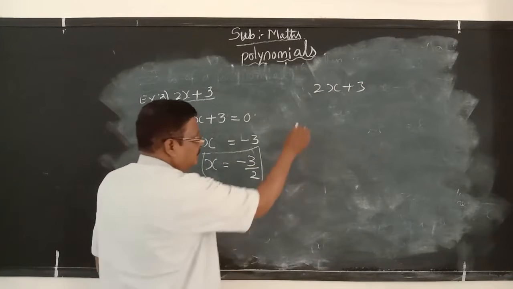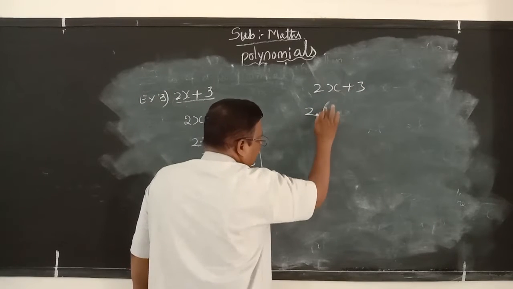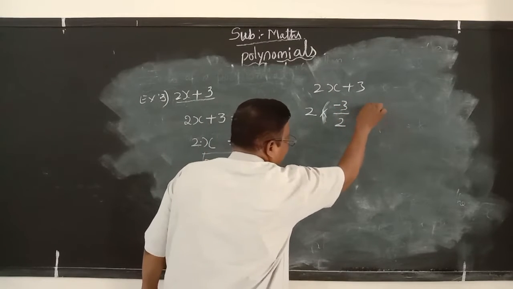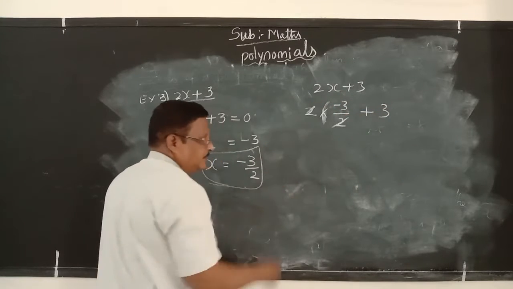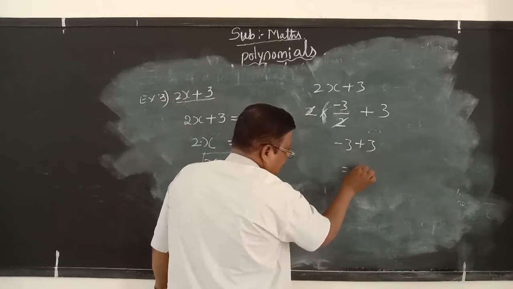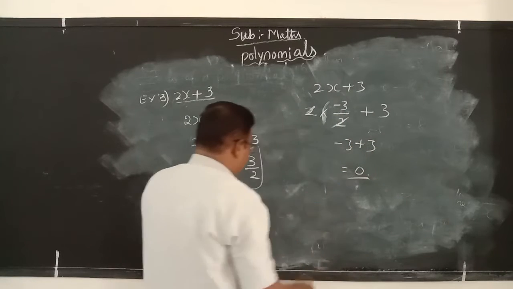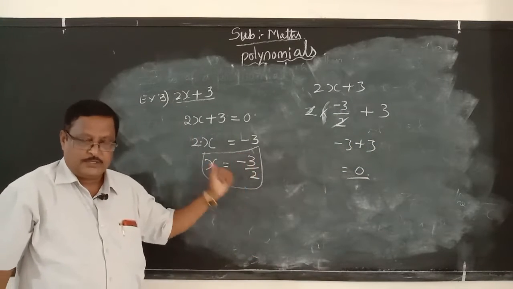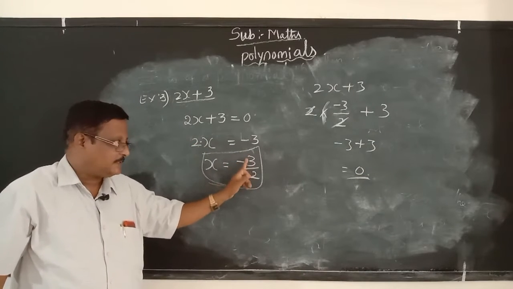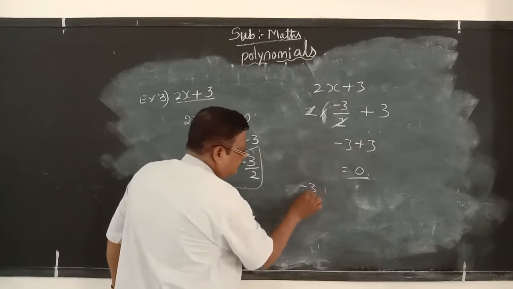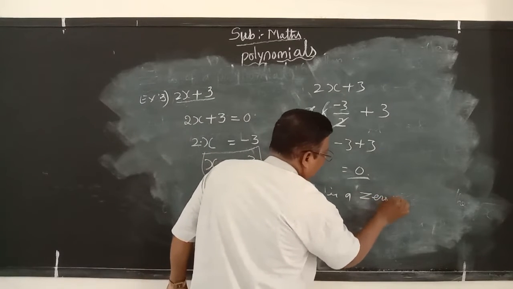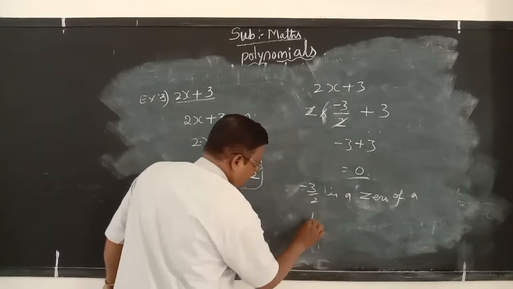Minus 3 by 2. 2 into minus 3 by 2 plus 3. This 2 and this 2 cancel. Here minus 3 plus 3 is equal to 0. Therefore, minus 3 by 2 is the assigned value for x. Minus 3 by 2 is a zero of the polynomial 2x plus 3.